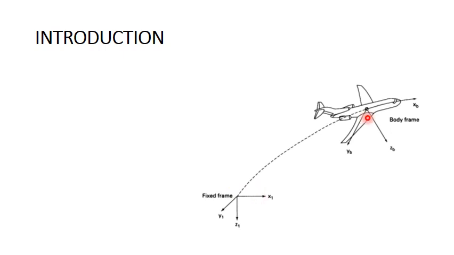The body axis system is fixed to the aircraft with its origin at the aircraft center of gravity. The x-axis is defined out the nose of the aircraft along some reference line.